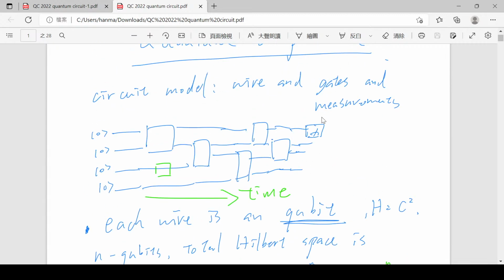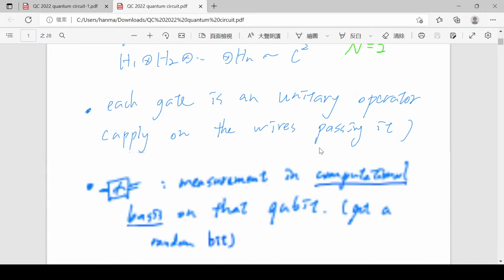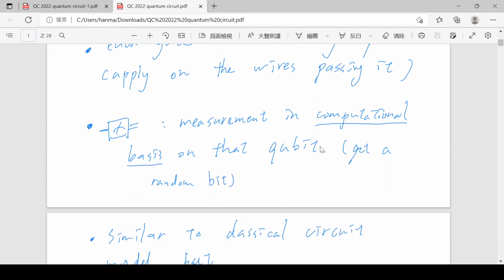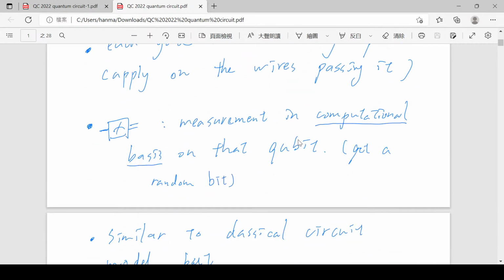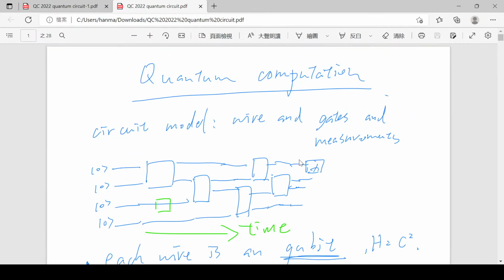And for simplicity, we assume all the measurements are just done in the computational basis, because we have shown previously that if you want to do any generalized measurement, you can just do a computational basis measurement and some unitary transformation with some ancilla before the end of your circuit. You can get the same measurement outcome. So quantum circuit: wires, unitary gates, and measurements.